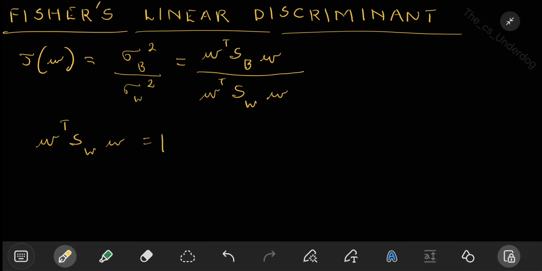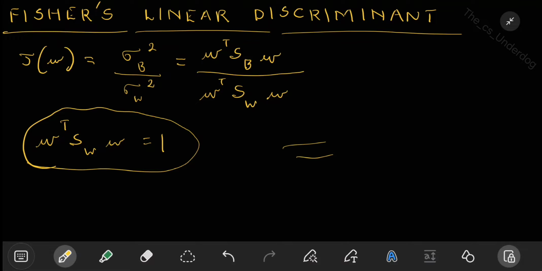This is a constraint. Under the constraint that W transpose SW into W equals 1, you want to maximize the Fisher's criterion such that you get the optimal W. So how do you normally maximize under a constraint? This is where you use the Lagrangian.